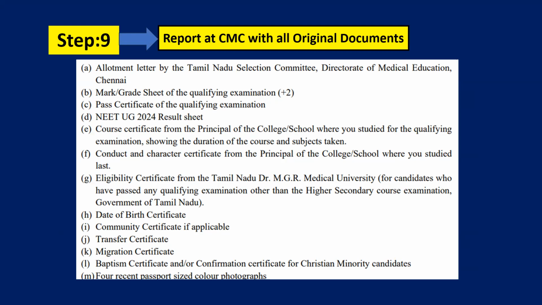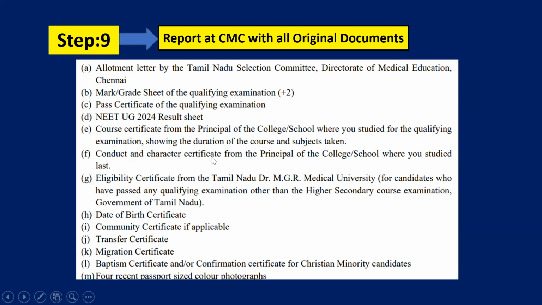These are the list of original documents you need to submit at CMC Vellore. You can see here allotment order, marks list of qualifying examination, that is intermediate marks list, pass certificate of the qualifying examination, these two are same. Next, NEET UG 2024 result sheet, that is a NEET scorecard. Next, course certificate from the principal of college. These are study certificates from 6th to 12th standard.